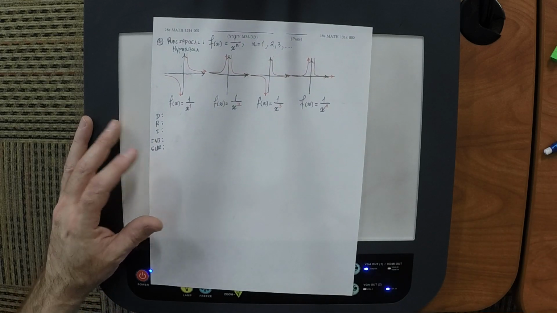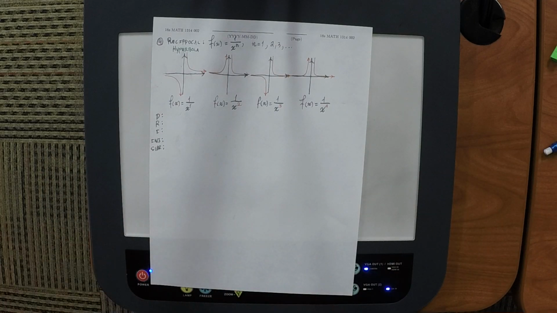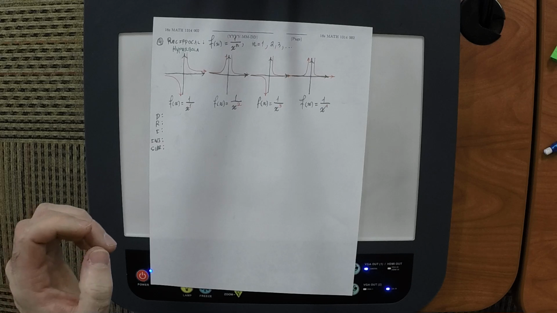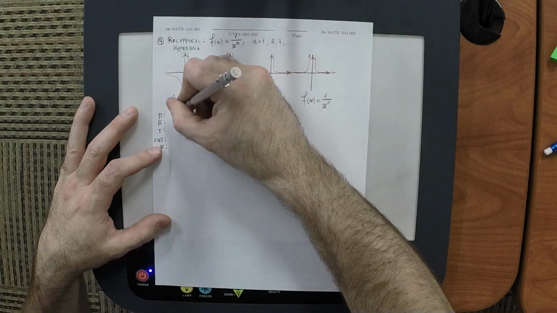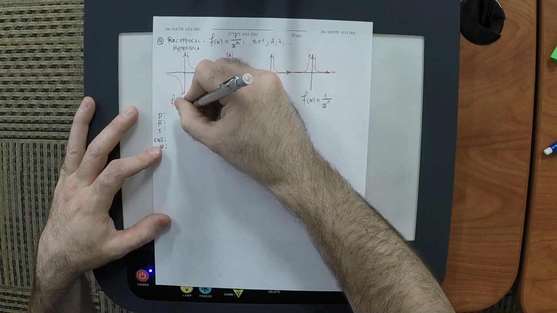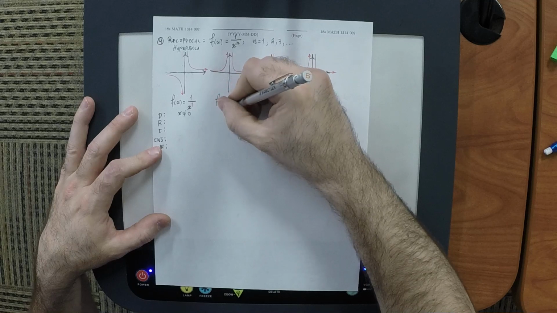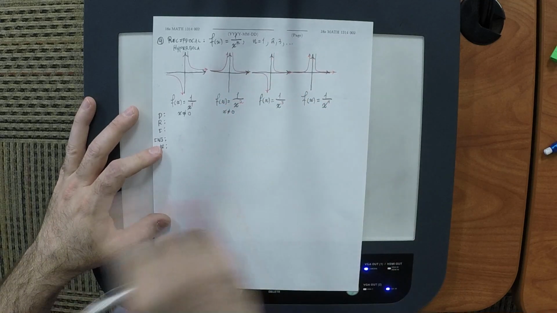What's going to be the domain? Not all reals. Yeah, everything but 0, right? Because you can't divide by 0. To make it as succinct as possible, I'll say x not 0. So anything but 0. For the first two, I'll write it.